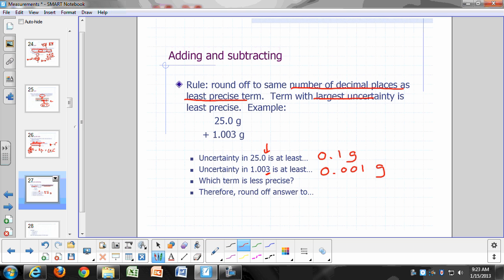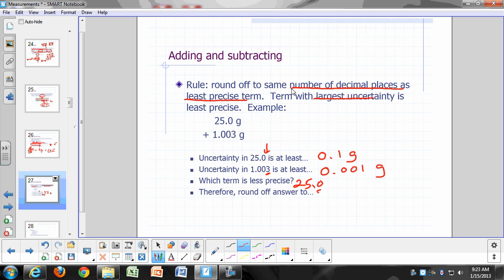Which term is less precise? The 25.0 is less precise. So we should round off our answer to the same number of decimal places as 25.0, in this case to the first decimal place.